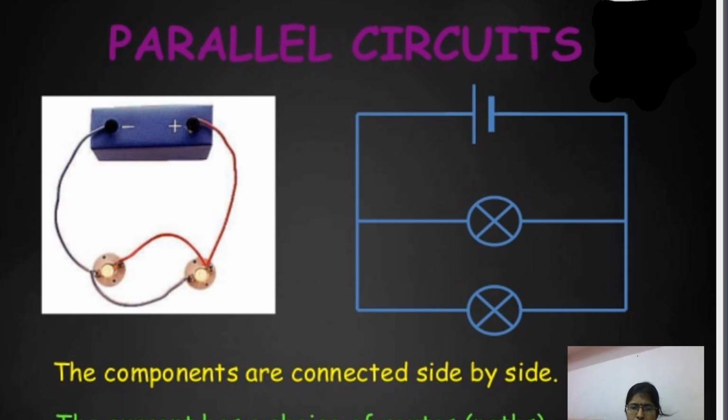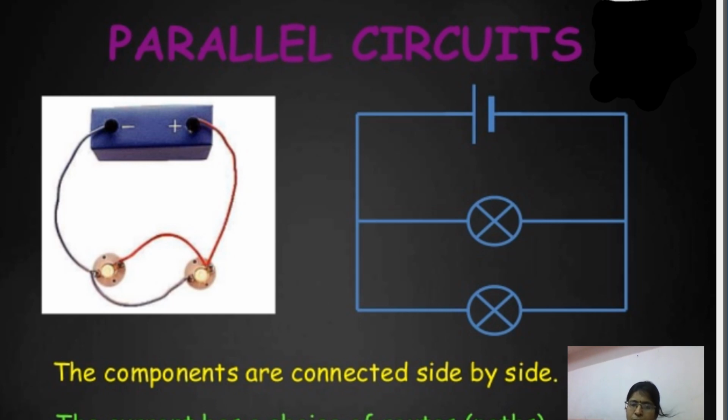Whereas in a parallel circuit, the components are connected side by side. Here you can see how they are connected. These two are bulbs or resistors, connected side by side. The left terminal of the first one is connected to the left terminal of the other. These are the corresponding terminals of both resistors. They are connected to one end of the battery, and the other corresponding terminals are connected to the other end of the battery.